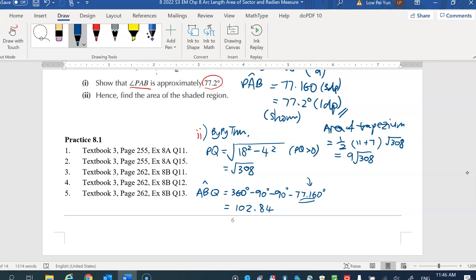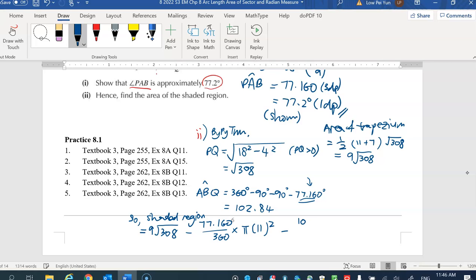Oh yes, so I can find my shaded region. I quickly find the area of the shaded region. I take my trapezium, minus my two sectors, correct? First sector, 77.160 out of 360. Sector is part of the circle, right? Pi r squared. My big radius is 11.